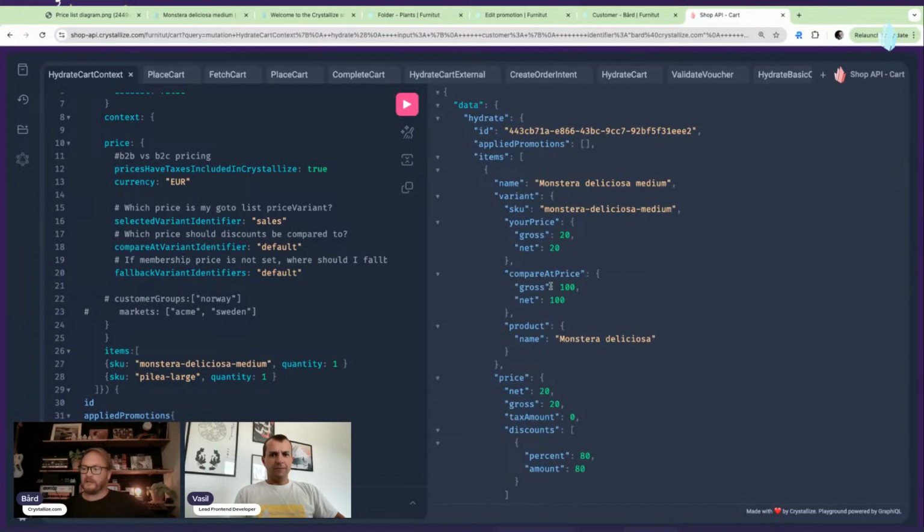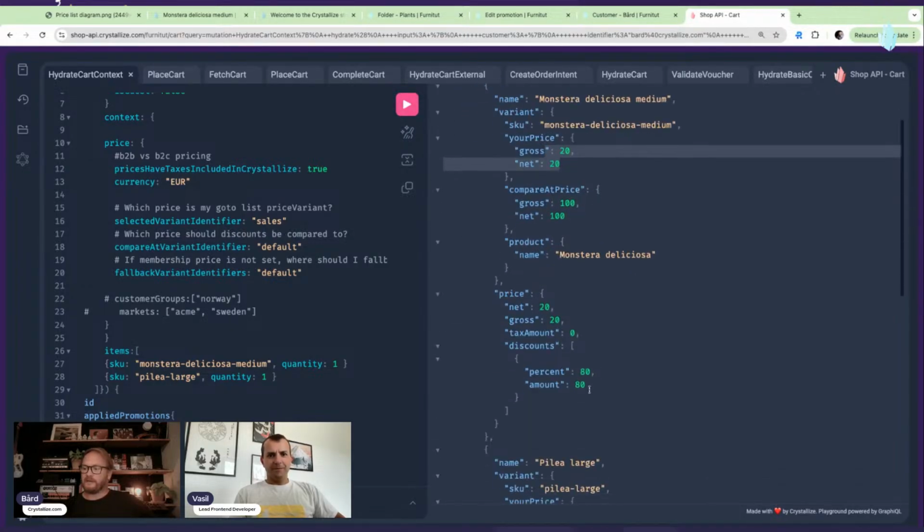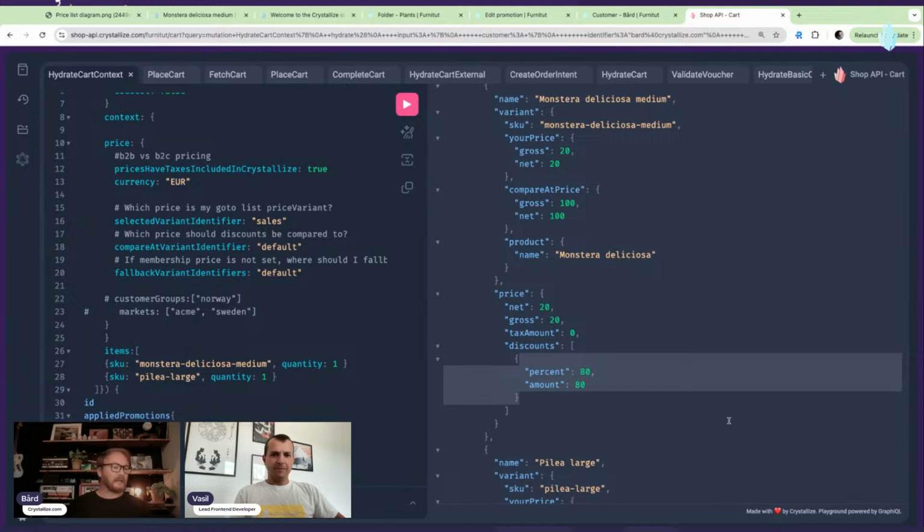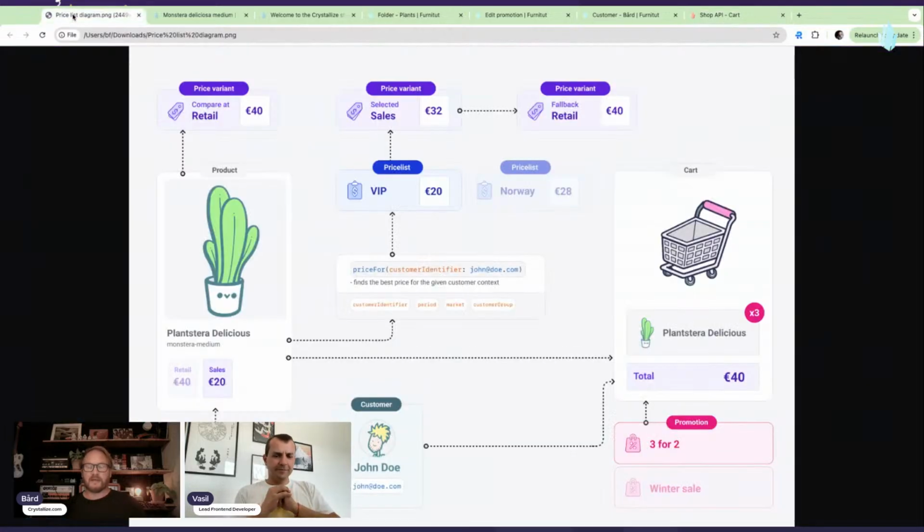So you see that, okay, compare at is 100 and it's 20 for me, so I have an 80% discount in this case, which is also calculated for you here. So I guess that's the round trip of the pricing. It's pretty powerful.